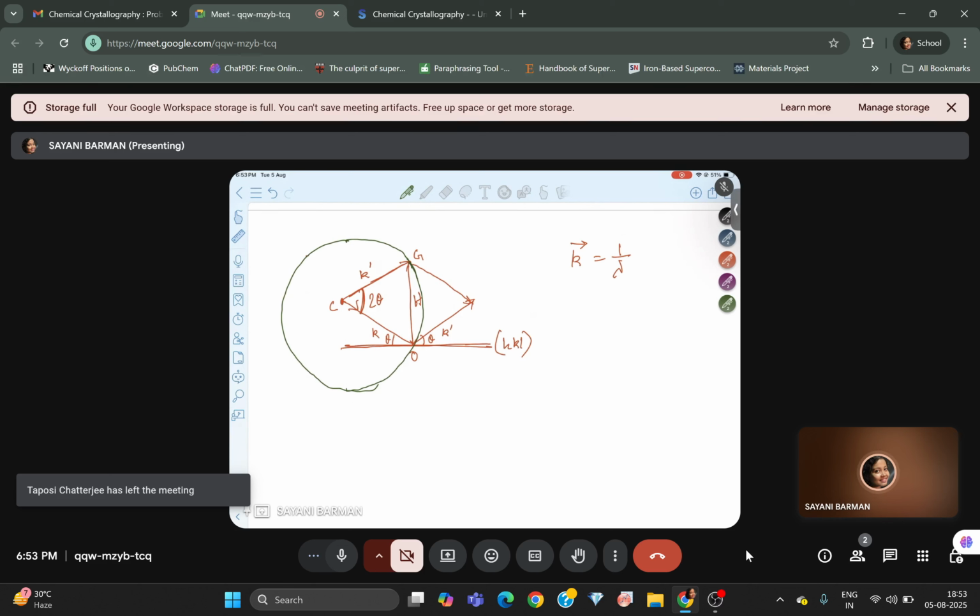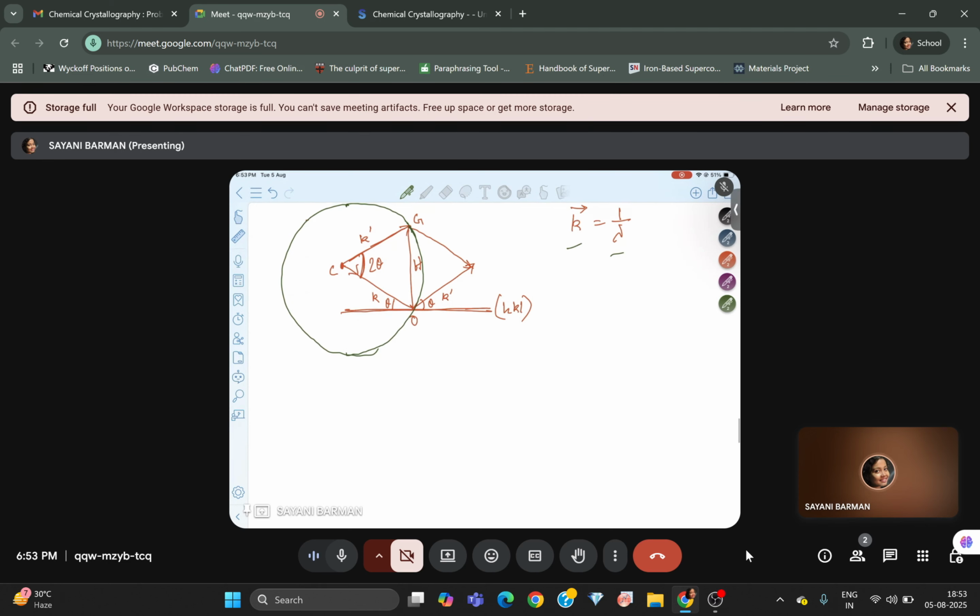Here we have already defined that the lengths of k and k prime are equal to 1 by lambda. Now from this we can derive OG, it equals k sine theta plus k bar sine theta. Since these are vector terms, we can add mod to get the values.